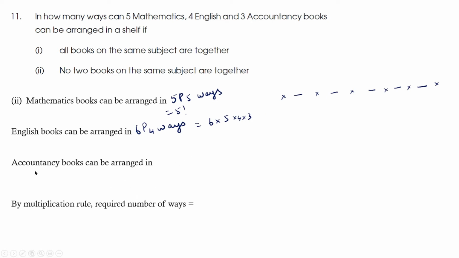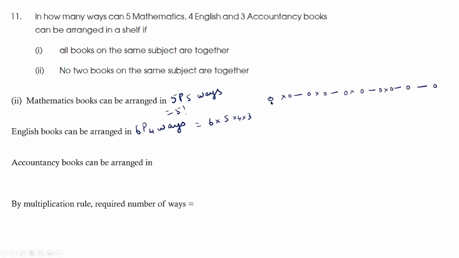And then we have the accountancy books. We have 3 accountancy books, and the places available are, here there are only 4 English books. So for the 3 accountancy books, the various places available are, let me take some other circle, so these are the various places available for accountancy books to be occupied.